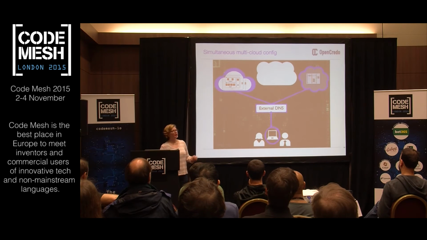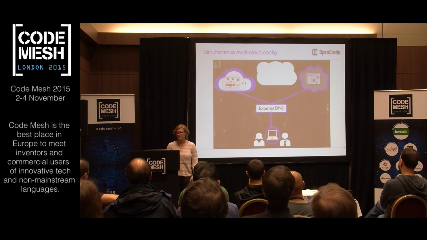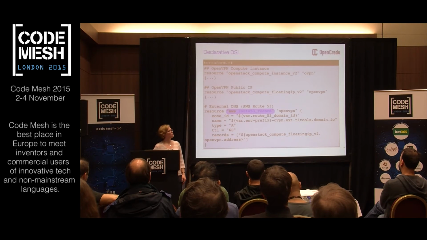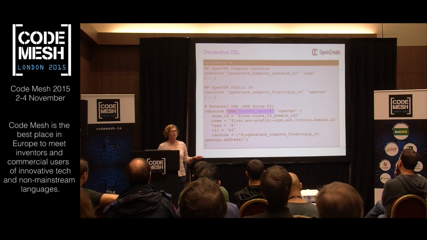Although we're not handling it here, in theory, you could have an active scenario as well. You may want to load balance across clouds. You may create some infrastructure in Amazon, some different infrastructure in OpenStack, and create an entry in your DNS provider which will allow you to load balance between the two clouds. So here we just have an example of the external DNS entry. In this case, we've used Amazon's Route 53 service, but you could use DNSimple or whichever provider you're looking for.